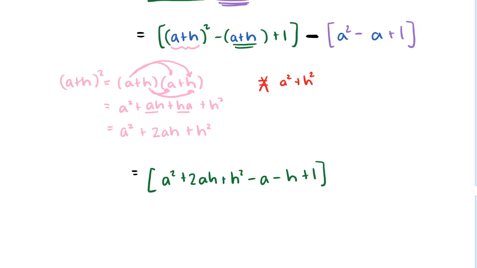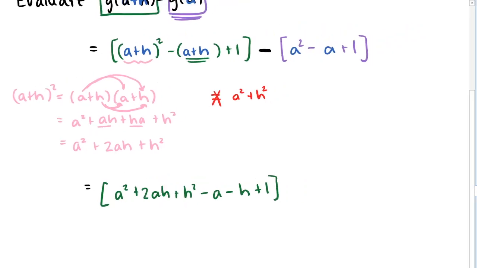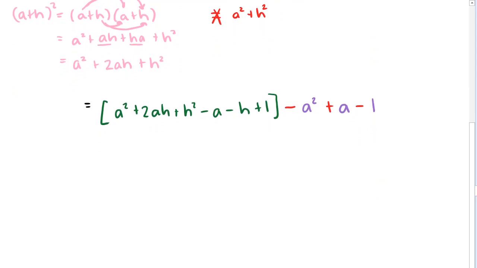For this latter purple part, we're going to subtract it away, so we can distribute that subtraction sign. I'm going to subtract away that a squared, subtract away minus a, so that gives me plus a, and then subtract away that positive 1, so that gives me minus 1. These brackets don't really do anything, so maybe I'll just erase them.